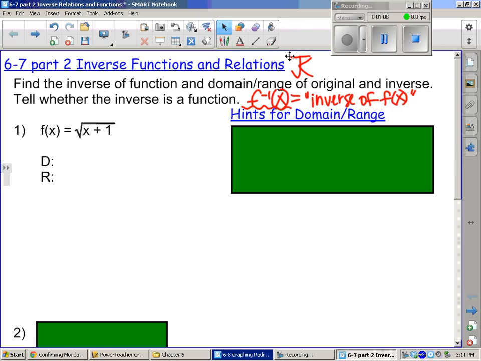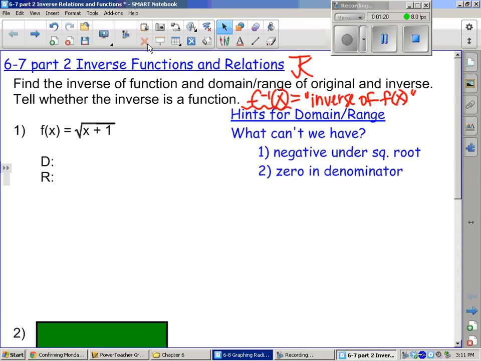Okay, so we've got three different examples here, and they're going to hopefully cover the three scenarios you're going to come across. The challenge tends to be the domain and range stuff, so we've got some hints for you. A lot of times it's easier to think about what you cannot have instead of what you can have. Things that cause us problems would be negatives under square roots, because those would produce imaginary numbers, or zeros in denominators.